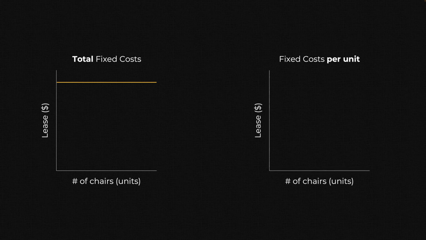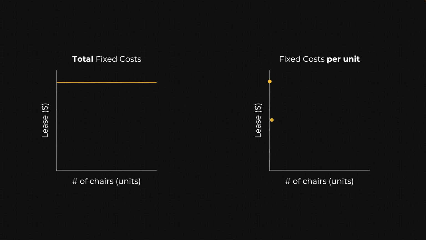Now, here in this graph on the left, we looked at the total fixed costs. It's worth taking some time to think about the fixed costs per unit. Here's what I mean. We'll draw a graph again. If this business was just to make 0 or 1 chair, well, their cost would still be $50,000 per either 0 chairs or $50,000 per the single chair that they make.